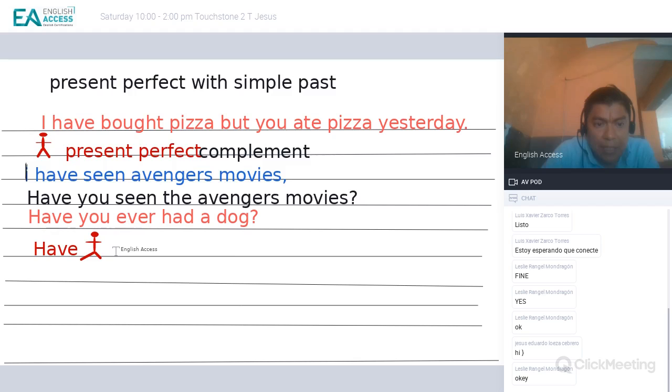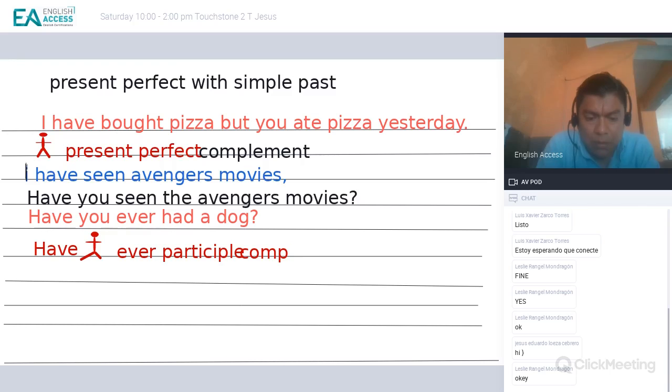Have, subject, and then ever, and then the verb in past participle. Okay? And then the complement. And don't forget the question mark. Now, can you ask a question, please?